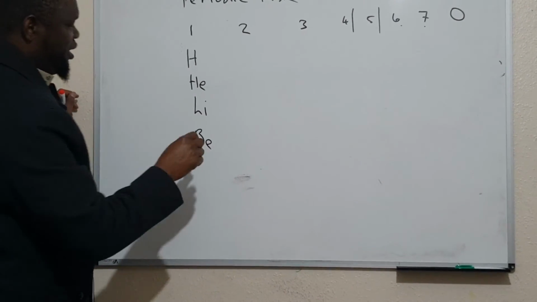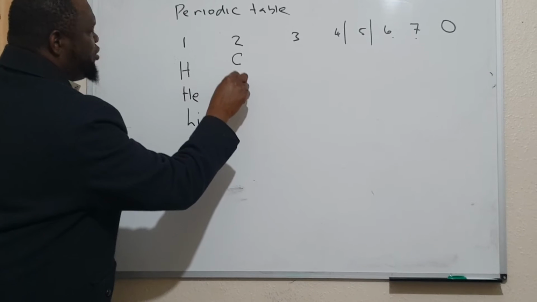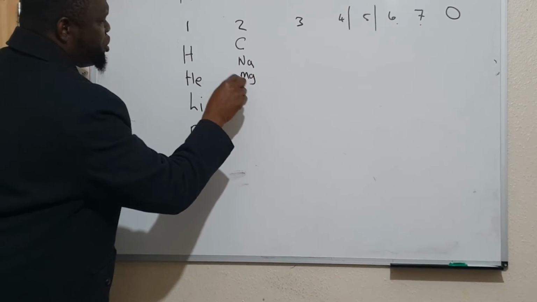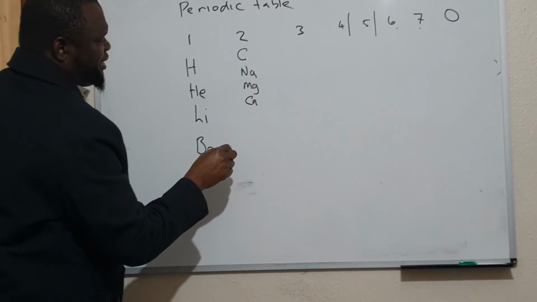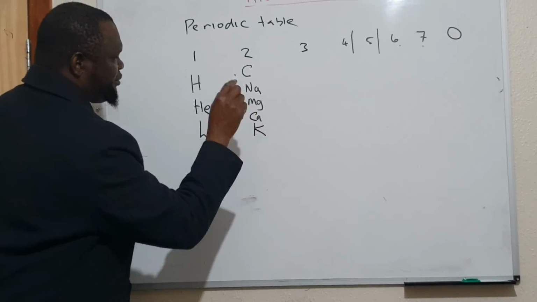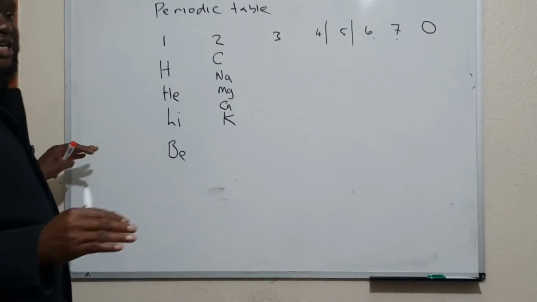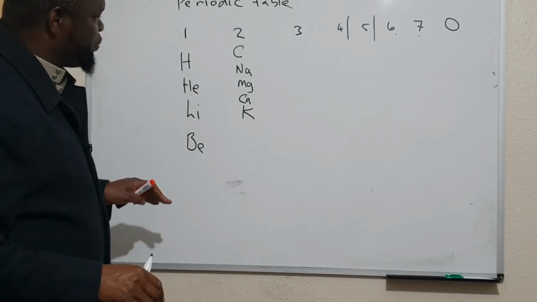Then you have carbon, only C. The important ones, I'm telling you: sodium, Na. Magnesium, Mg. Calcium, Ca, with a capital C. Potassium, K. The most important elements are 20 that you deal with in GCSE. There are 20, I'll list all of them for you.